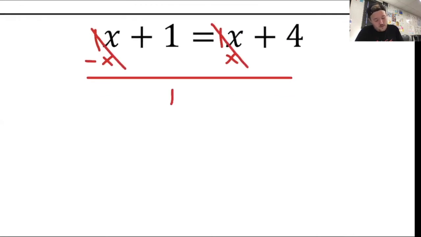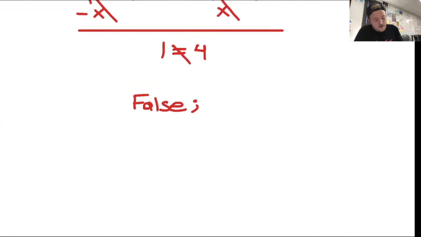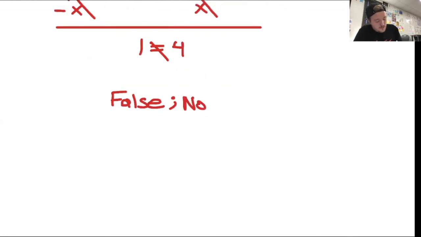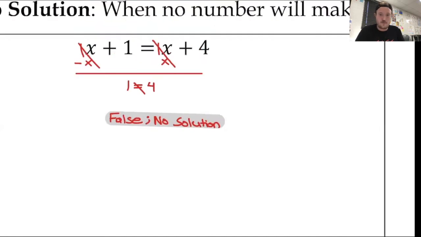So you have 1 equals 4. Last time I checked, those are not equal. So what that means is this is a false statement. And because it is false, that means this is no solution. So you're not going to have x equals anything. It's just going to be false, no solution.